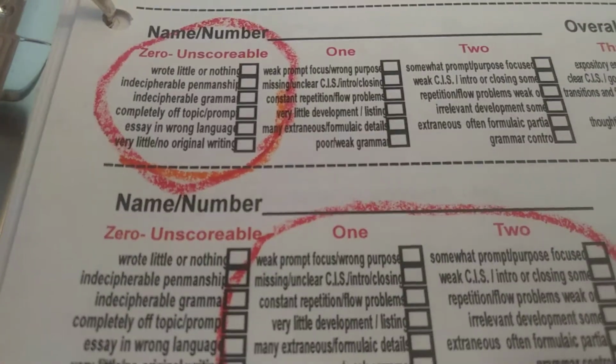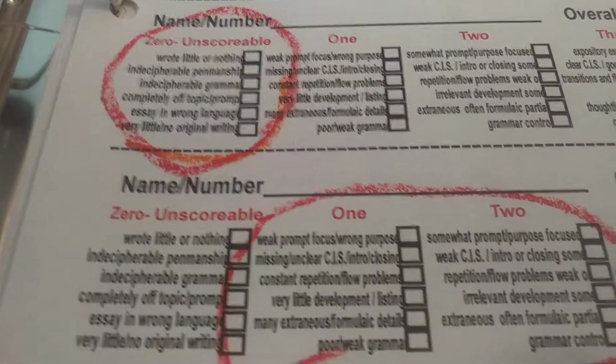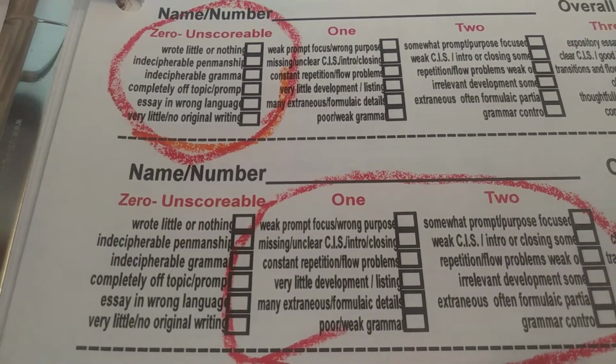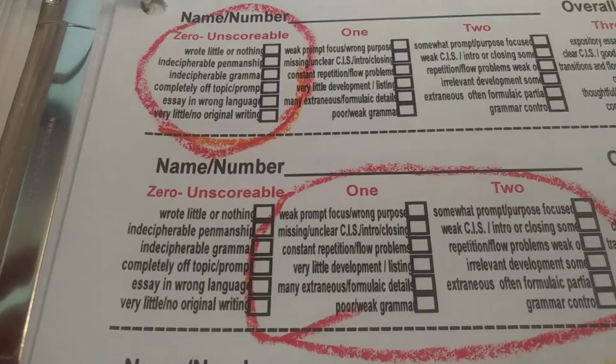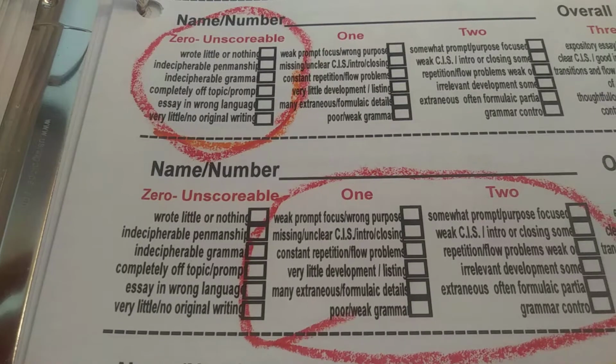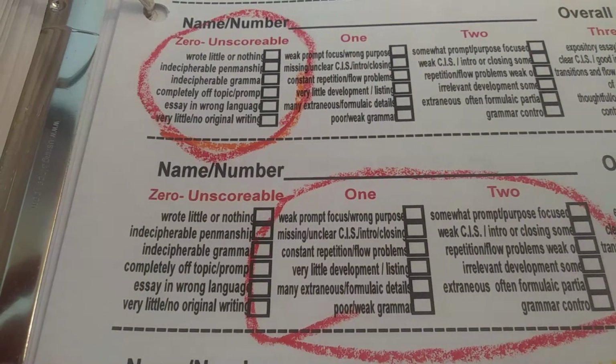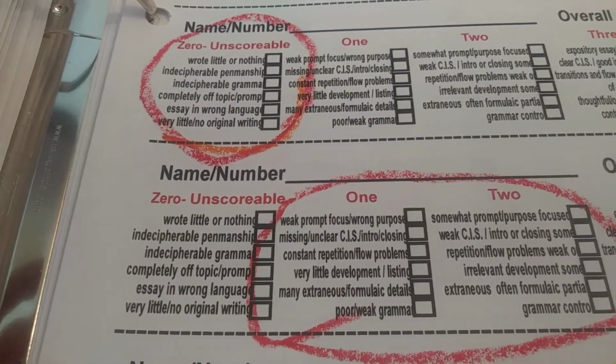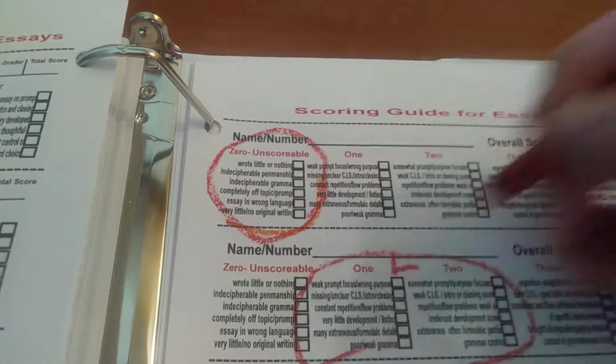One person cannot say 0 and another person say 1, because one person can't say it's unscorable and the other say it's scorable. So either it's a 0-0 or it's a 1-1. But our low kids, we're going to call these the 1-2 papers, or of course the 0.